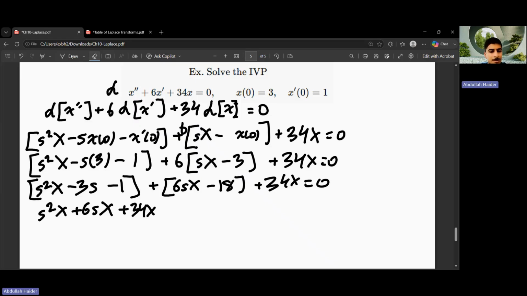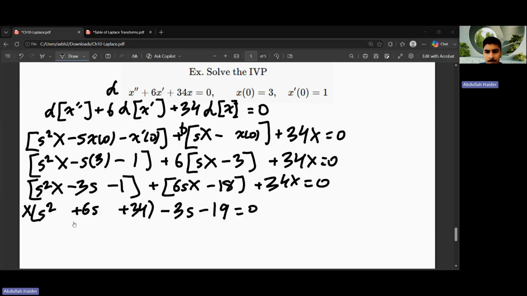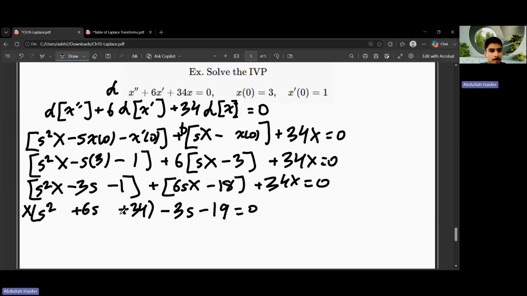At this point, just factor it out already. Don't want to consume a lot of time. So big X multiplied by these numbers, minus 3s minus 3s minus 1 minus 18, minus 19, is equal to 0. We can double confirm. Yeah.